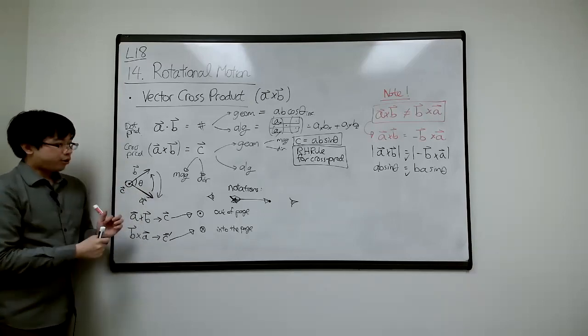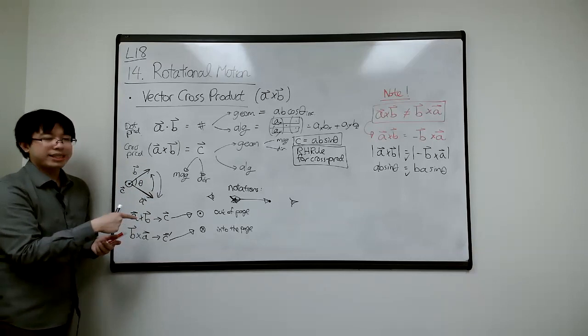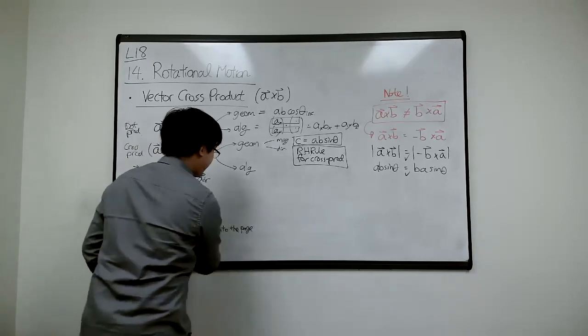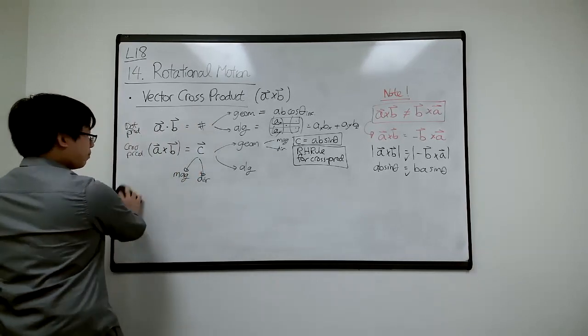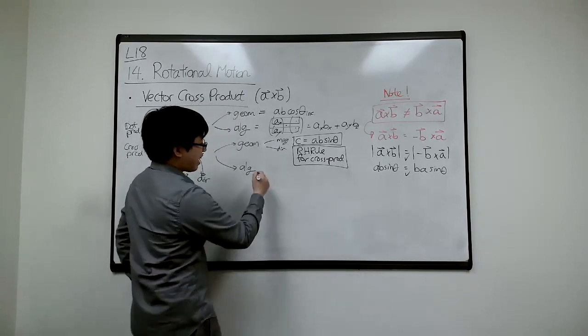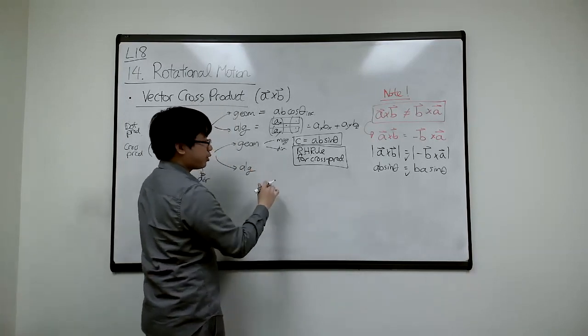Now, you don't always want to draw diagrams, so you want to do it the algebraic way. This is potentially a little more complicated than it sounds, and it follows a rule.